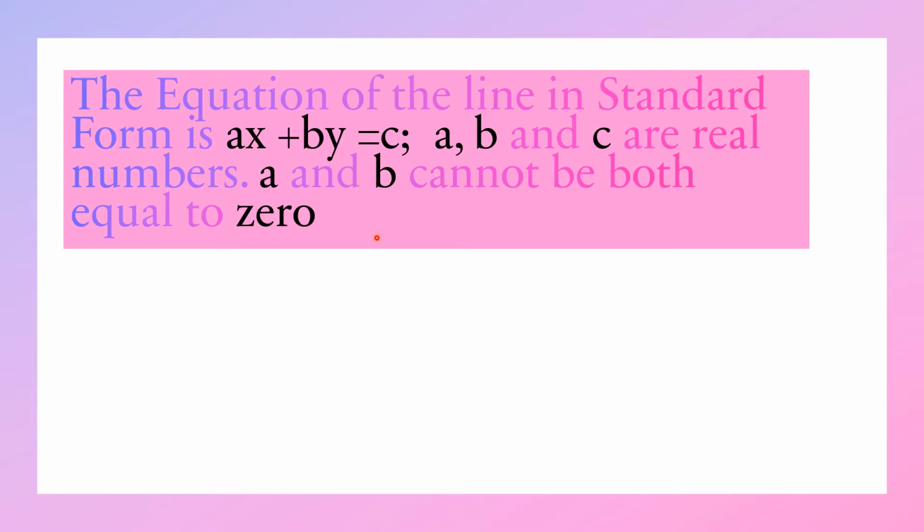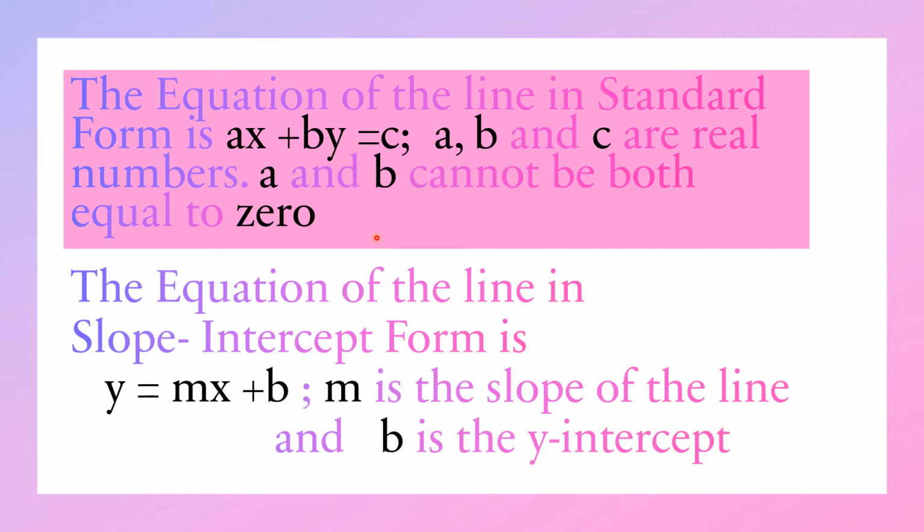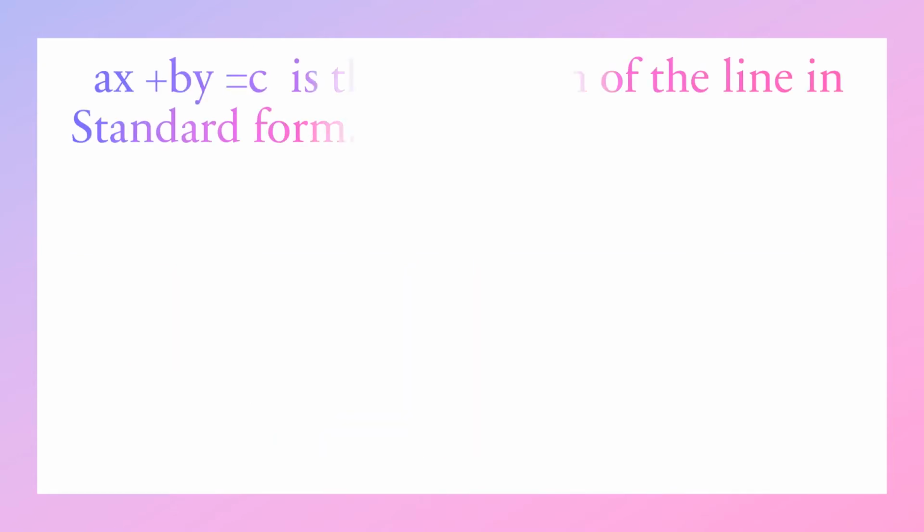Now, I have here the slope-intercept form equation of the line, y is equal to mx plus b, wherein m is the slope of the line and b is the y-intercept. Since the standard form equation of the line is ax plus by is equal to c, sabi kanina na pwedeng maging 0 ang a o kaya maging 0 ang b, pero hindi pwedeng magsabay.